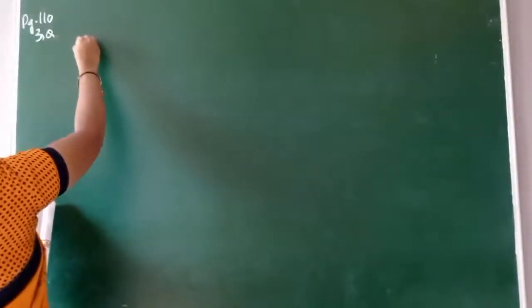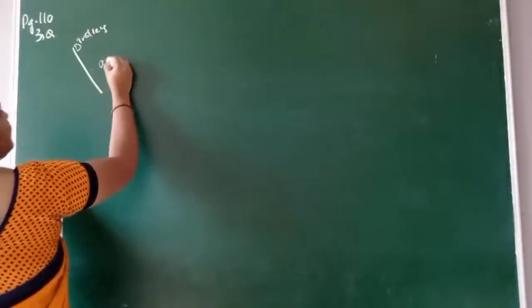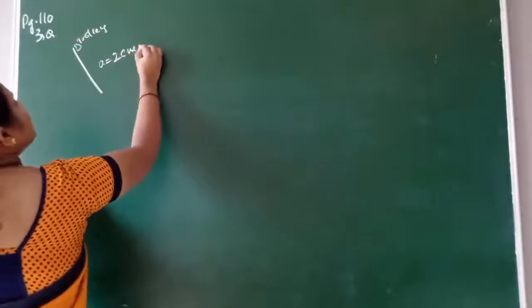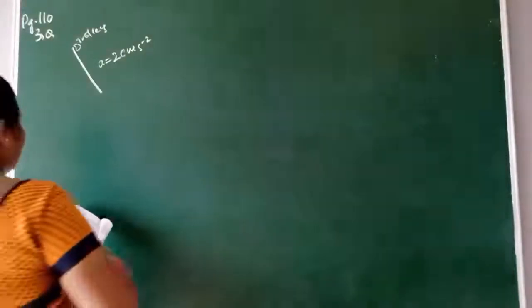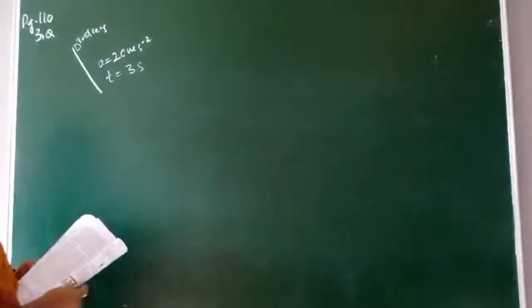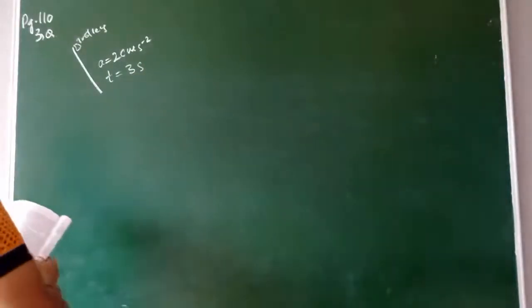A trolley somewhere here, isn't it? It has an acceleration. At this moment, it gains an acceleration, means it moves with an acceleration 2 centimeter per second square. Isn't it, children? What will be its velocity 3 seconds after the start? Means time 3 seconds has been given, and after the start.